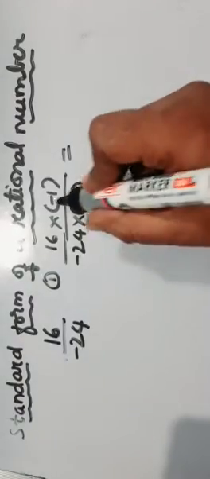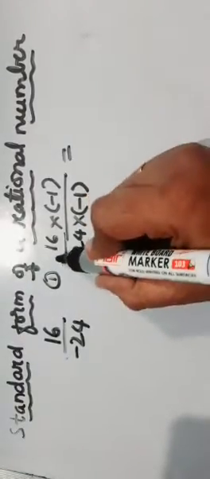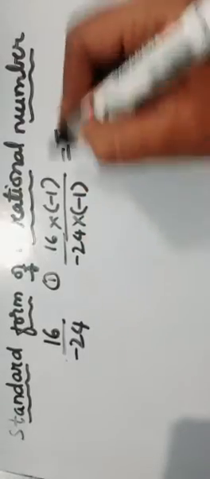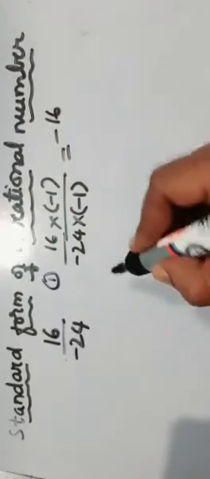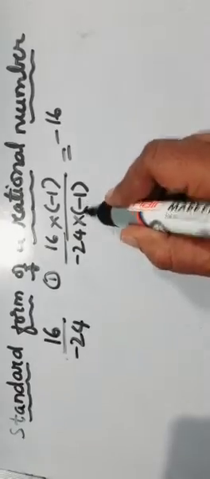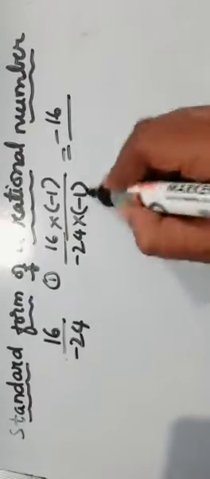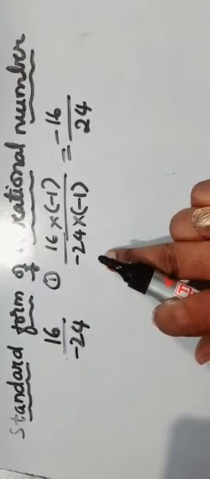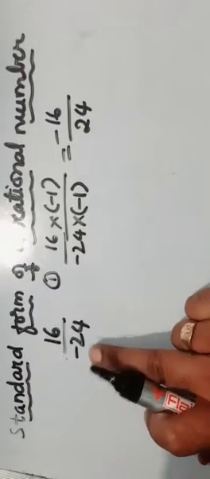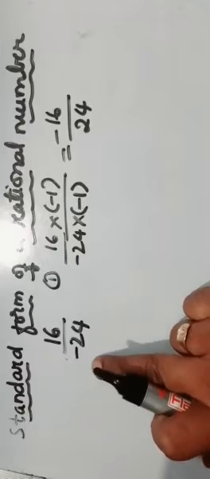After multiplying minus 1, we get plus into minus is minus 16 as it is. Then minus into minus is plus, and 24 ones are 24. So in step 1, what we have done, children, we have converted the denominator which is having negative sign to positive.